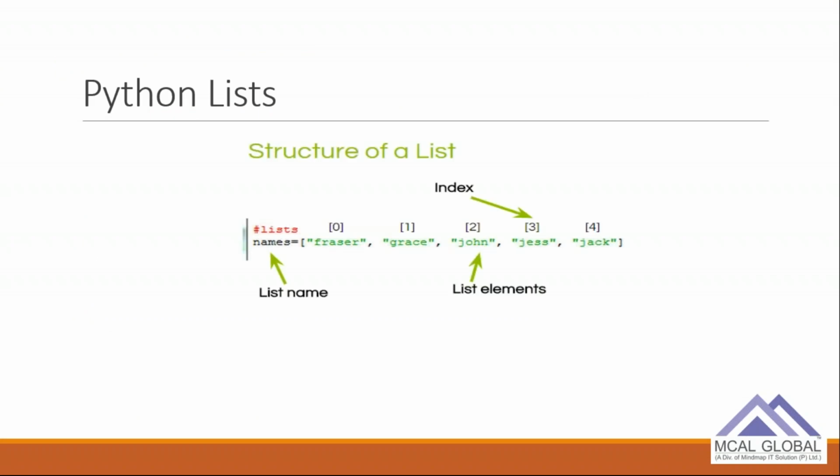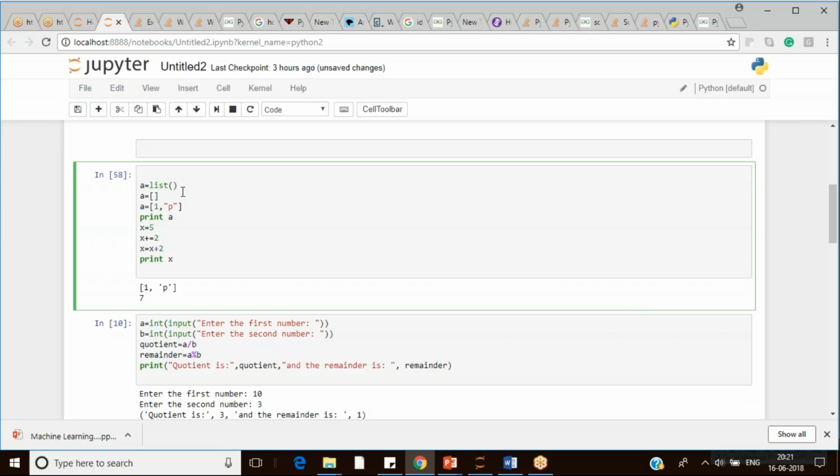Okay, now let's see a list. A list is basically what you call an array in a typical computer language. An array is a sequence of data types. Now in C, an int array could not hold a string character.